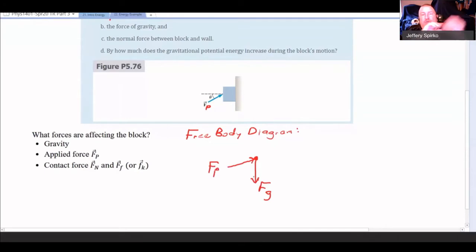So it's going to be pushing the block toward the left, pushing away from the wall, F sub N.